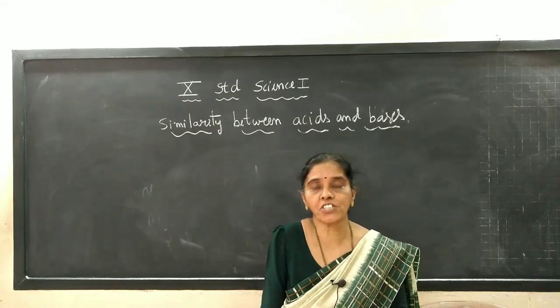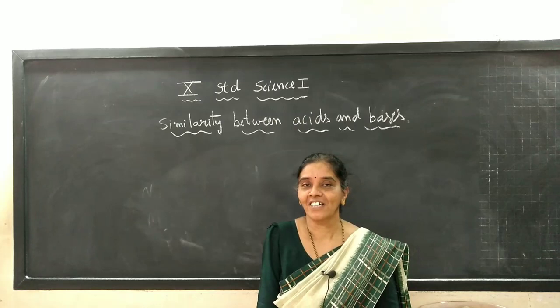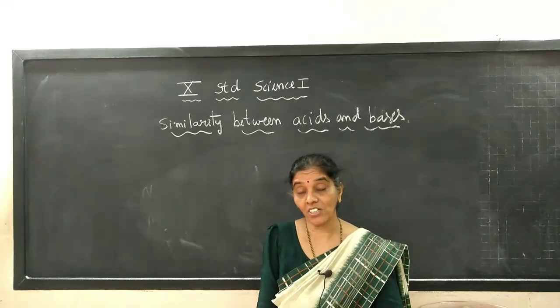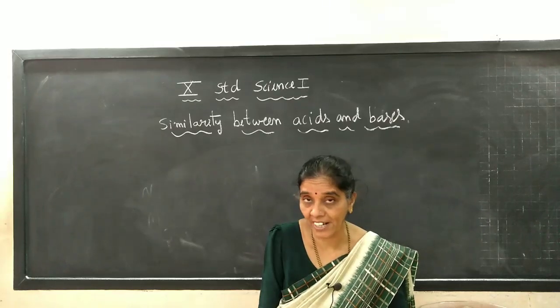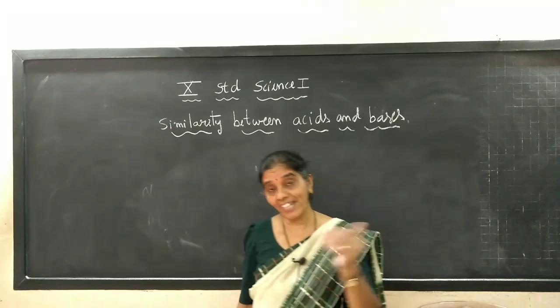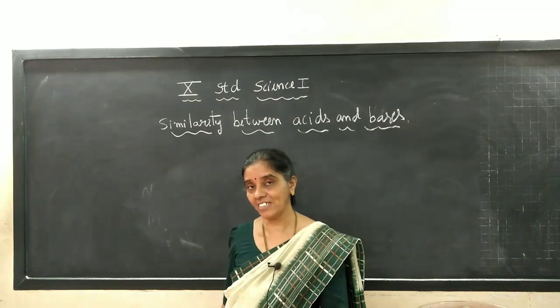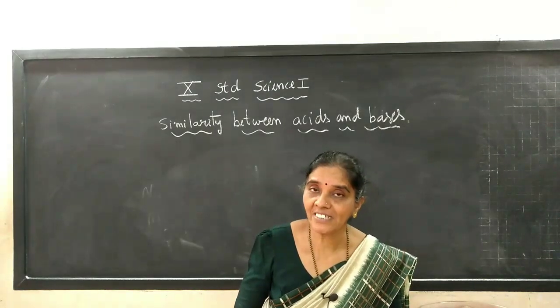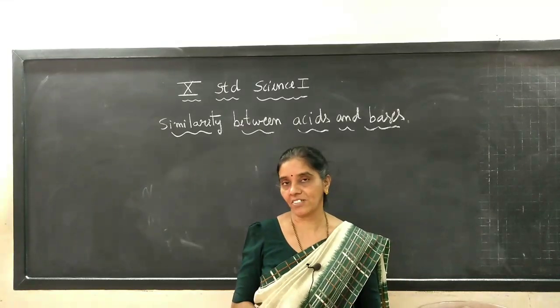Now, what is the meaning of strong acids and weak acids? Today we have learned that acids when dissolved in water produce hydrogen ion, right? Now, if you take HNO3 or HCl, it dissociates completely, producing a large number of H plus ions.